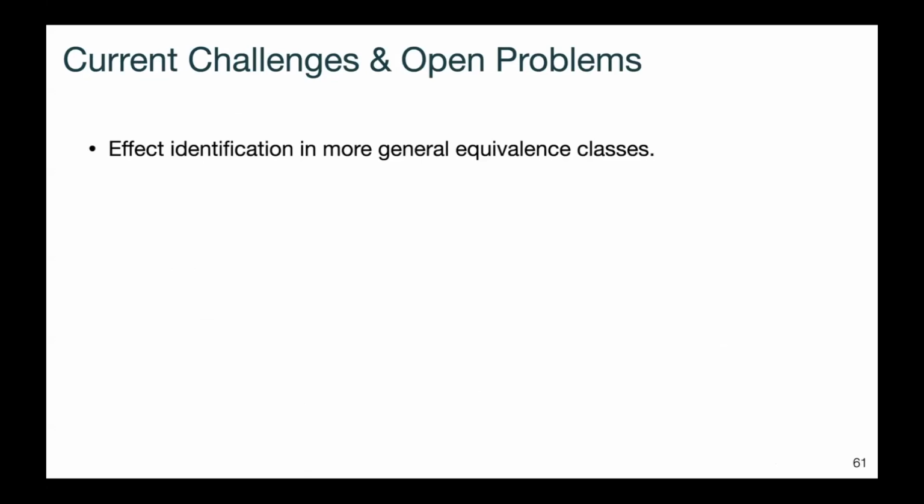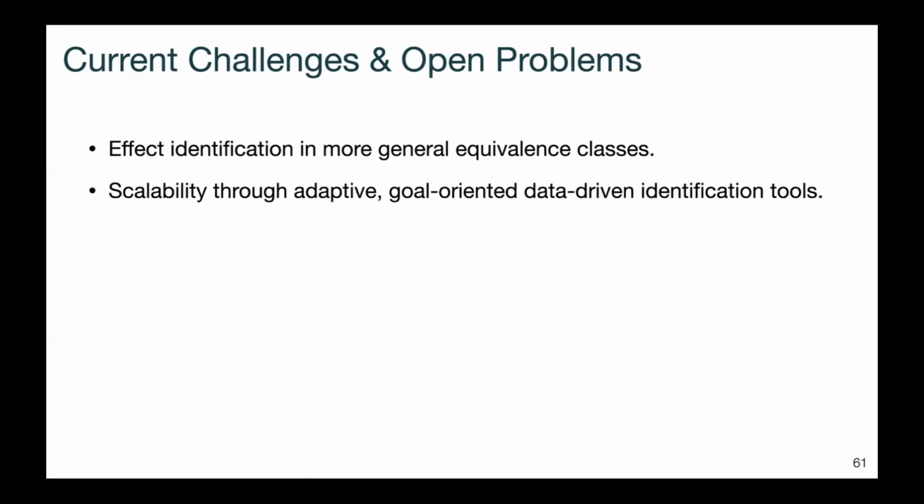Yesterday we saw how to go beyond the equivalence class, and the last algorithm that I told you assumes that you have a Markov equivalence class, so an equivalence class coming only from observational data. Once you have more knowledge, more experimental data, the algorithm is at least not proven to be sound, so you need other algorithms to do this in more general equivalence classes.